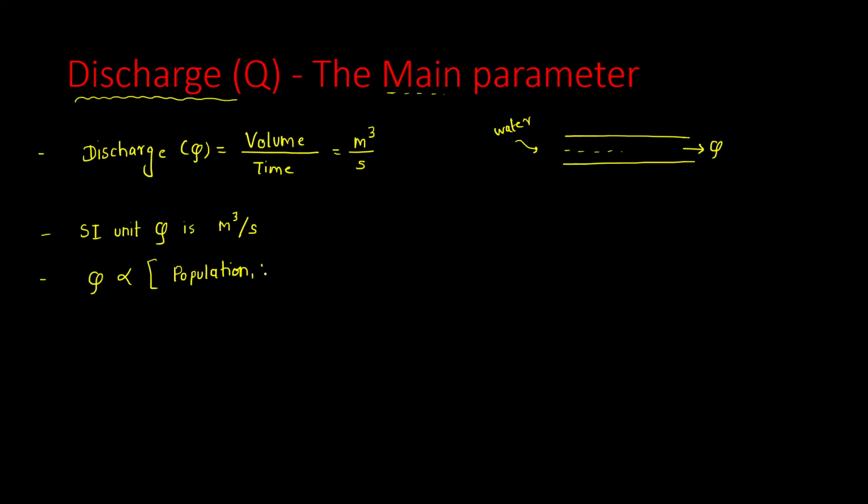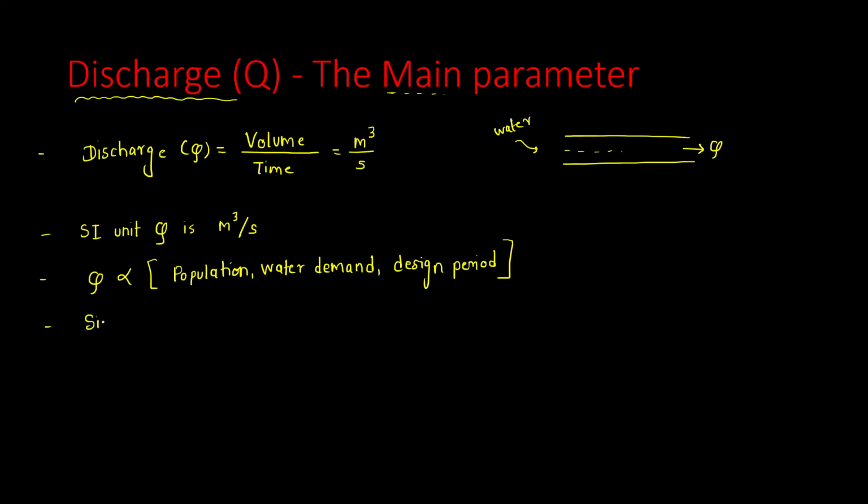It also depends on the water demand, what is the demand of water in that particular area. And one more thing, that is the design period. So this design period means the life of the water treatment plant. So these are the three parameters on which the discharge depends.